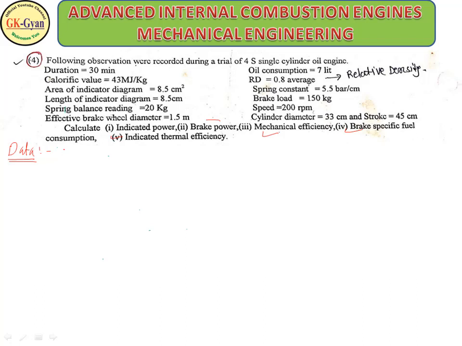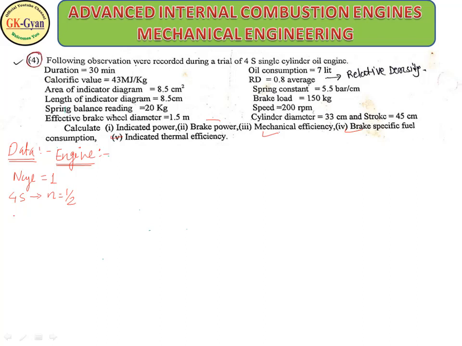So we will first extract the data of the engine. The number of cylinders is single cylinder, so number of cylinder is 1. It is 4-stroke, therefore small n equal to half.